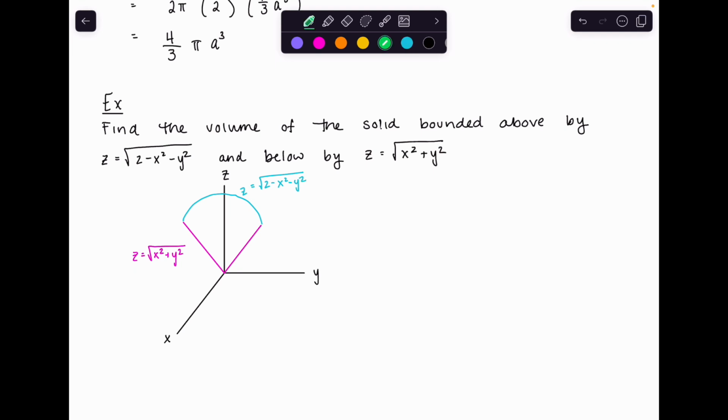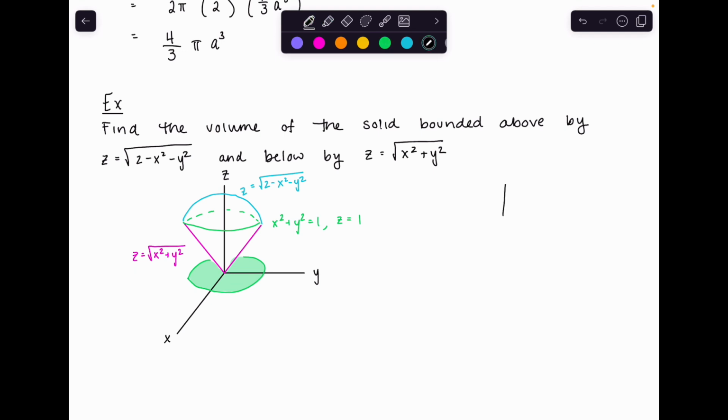And then we also went and found that intersection by setting each equal to each other, and it ended up being a circle of radius 1, specifically when z equals 1 at the intersection. And so this helps us find those bounds to be able to switch to cylindrical, and really even to set this up in rectangular as well.